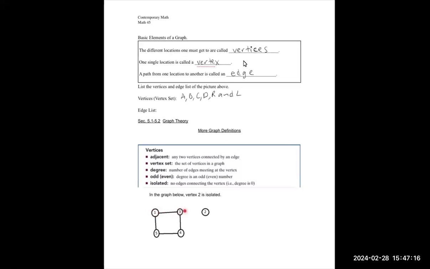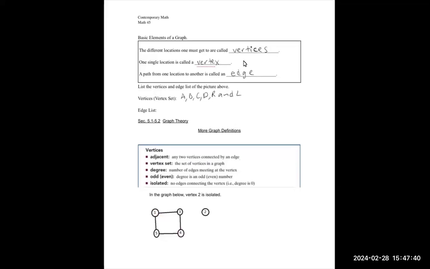So like this example, 1 and 3 are adjacent because they're connected by one edge. While 1 and 4 are not adjacent because you had to take two edges. You could have either gone this way through 3, or this way through 5, but there's not a straight one edge that connects you from 1 to 4.